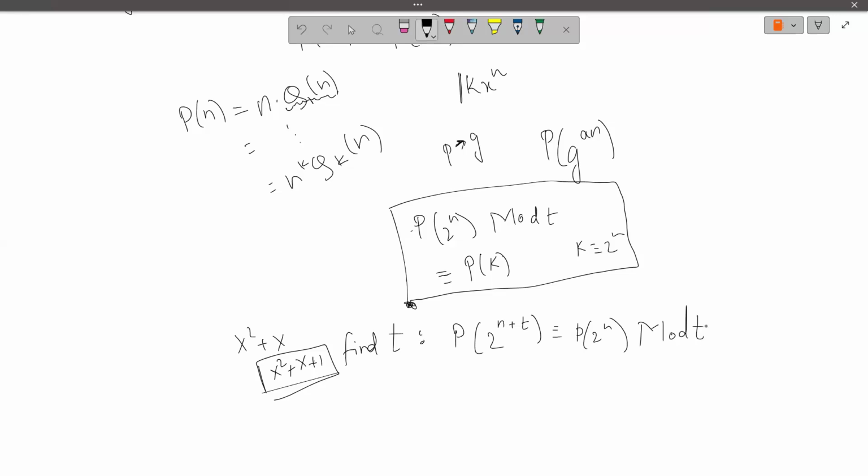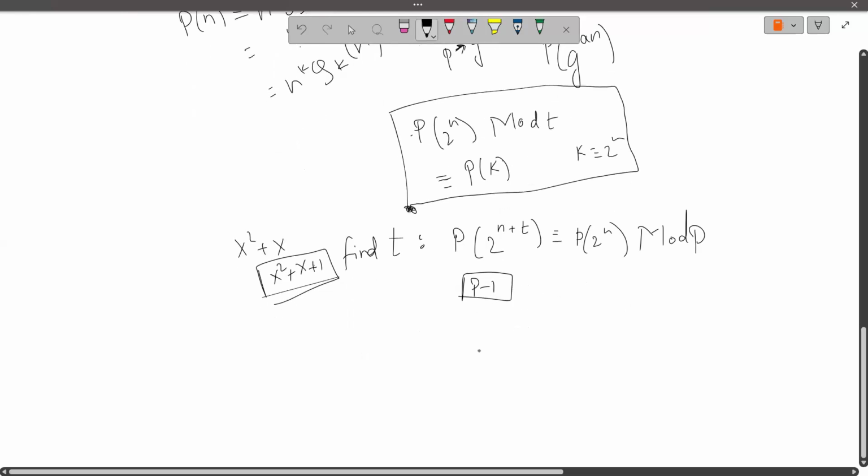Can you find such a quantity? You used t twice. Is that a variable issue? I meant p. Sorry, p. Can you find me such a t? p minus 1, right? Yeah, great. p minus 1 works. Multiples of p minus 1, whatever. Yeah, true. Now, assume that p only had some limited prime factors.